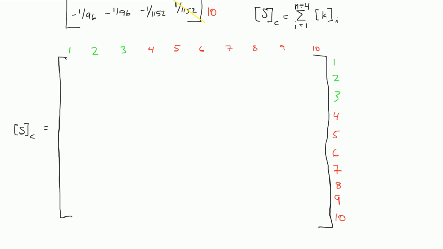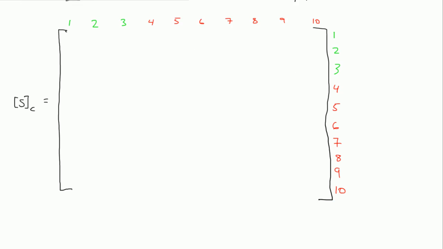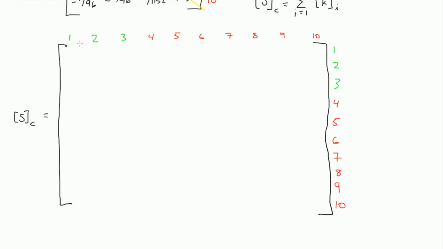The size of the 4 submatrices depends on the types of degrees of freedom we have. In this case we have 3 unrestrained degrees of freedom, and the rest are restrained degrees of freedom, 4, 5, 6, 7, 8, 9, 10. So I'm going to partition this matrix in 4 parts.